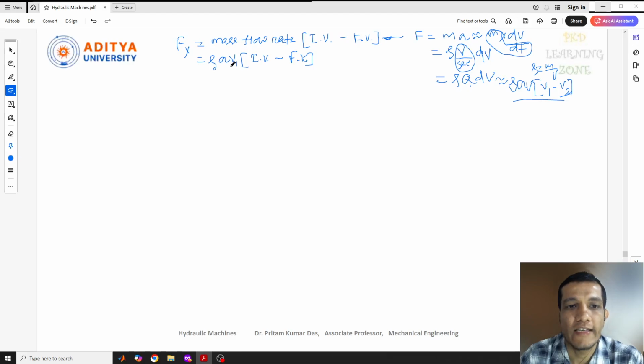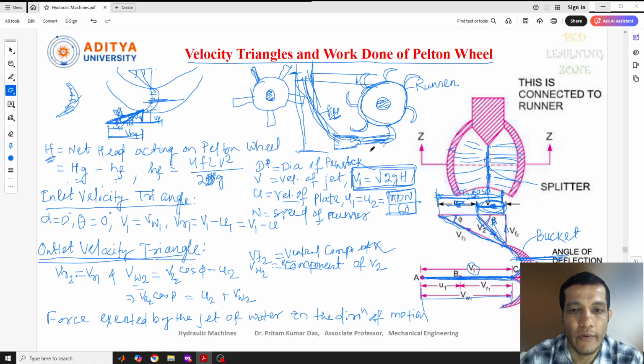And we cannot consider the relative velocity here. For other terminology, we can consider the relative velocity, but when we see the mass flow rate of the fluid, we will only consider the impact, that is, what is the flow, what is the mass flow rate of this fluid. We know that relative velocity is considered only when one plate is considered, that means the plate is fixed or the plate is moving, only for that condition.